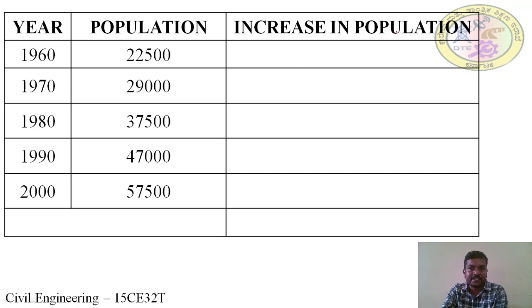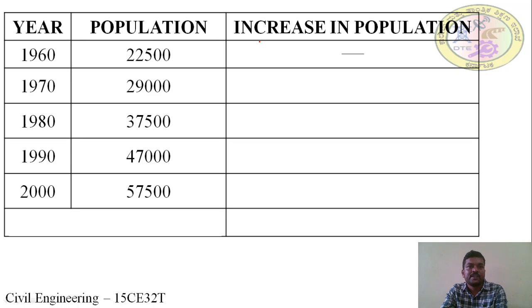To find out the increase in population, we need two data. For the year 1960, we must know the population for 1960 as well as the population for 1950, which is not available now, so the value becomes nil.